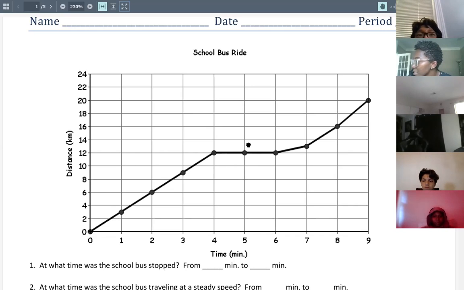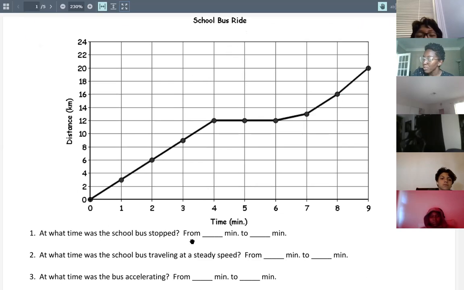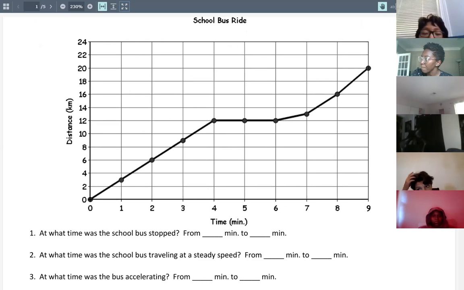Say again, Pamela? 12. Yes, so exactly. Pamela said at 12, it stopped moving, right? So it's 12 here, it's 12 here, and it's 12 here. So that's right. It's not moving right here. So wherever the line is flat, it's not moving. Now the question says, from what minute to what minute was it not moving? Yes, Leo. Can you explain the thing that you explained before?